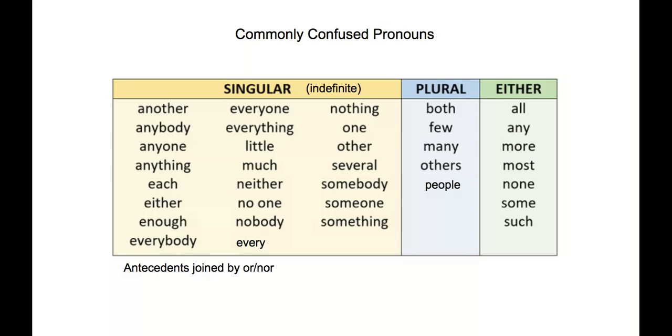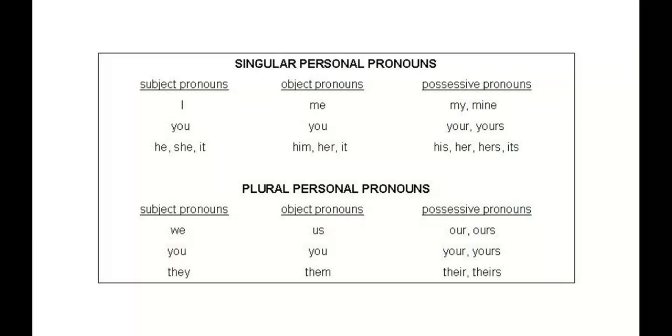So if I say everyone came to class and brought their book, it would be incorrect because everyone is singular. So I should say everyone came to class and brought his or her book, because this is singular and then I need a singular personal pronoun. So I would say his or her because it is possessive.